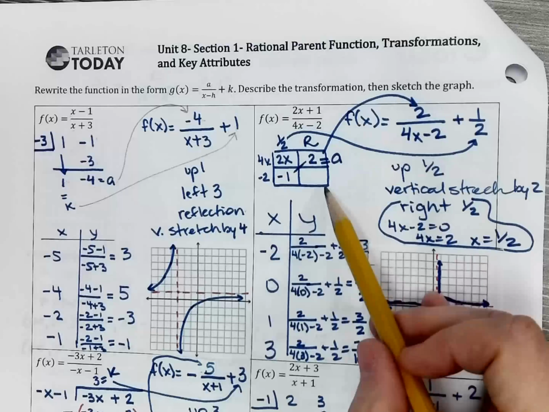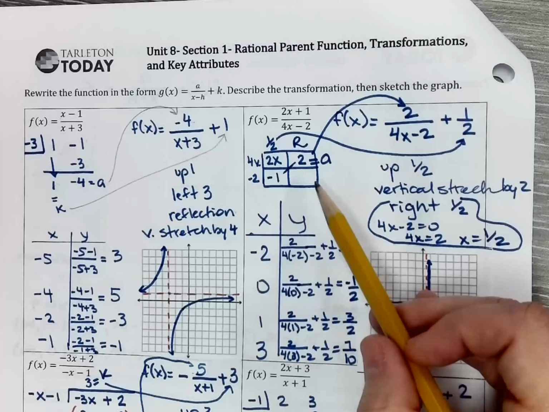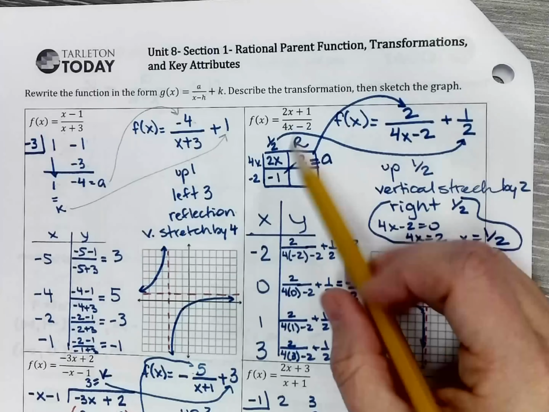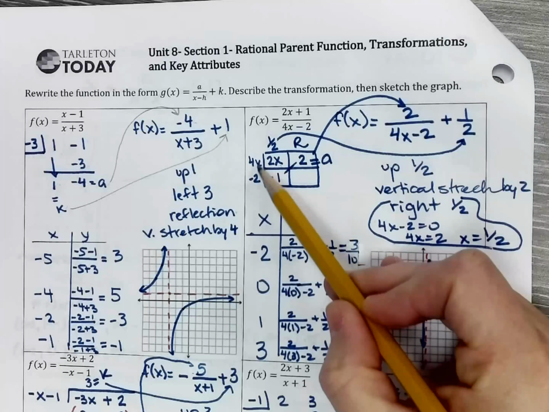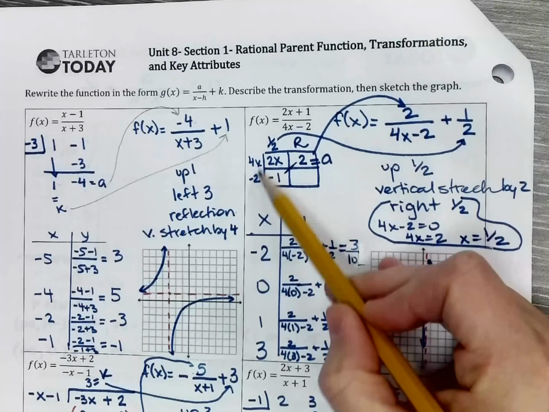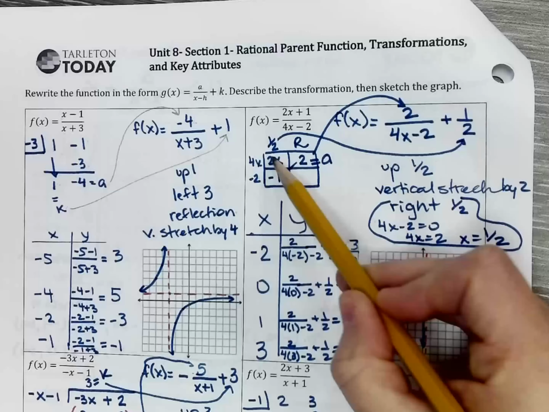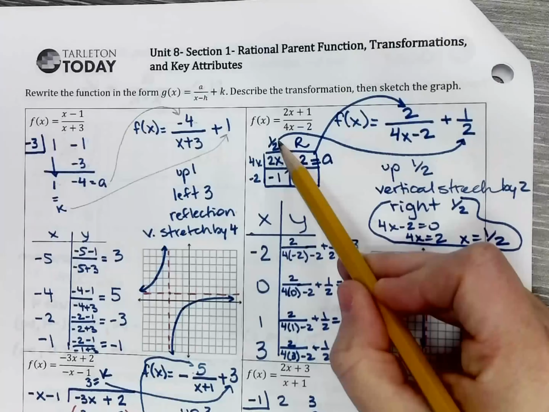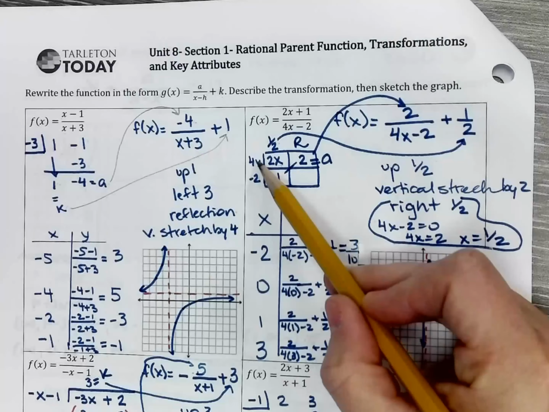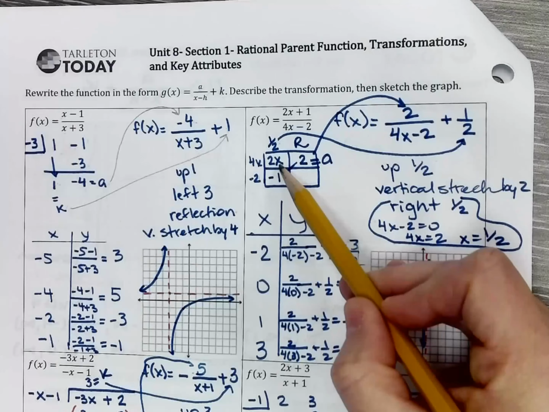So the next one, I did the box backwards just to mix and match. So I start right there with 2x, and I have the 4x, and I have the negative 2 right here off to the side. And then the first, I need to ask myself, what number goes there that multiplies by 4x that gives you 2x?